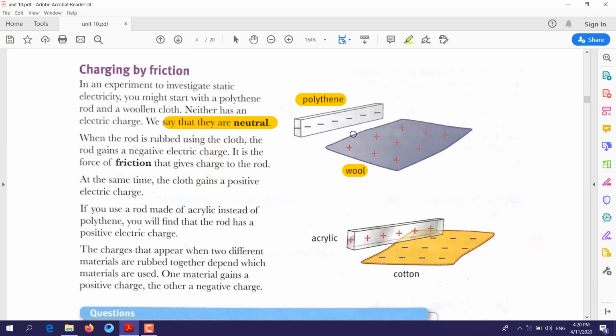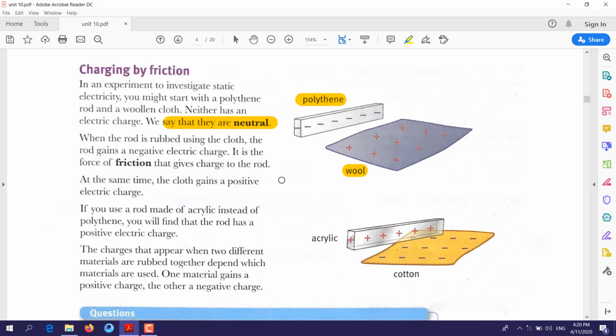So the friction between polythene and wool gives an electric charge to each of these two objects. Here you need to memorize the charge of polythene and wool. Sometimes in the questions they will say polythene, what is the charge of polythene? Polythene will always be charged negatively.